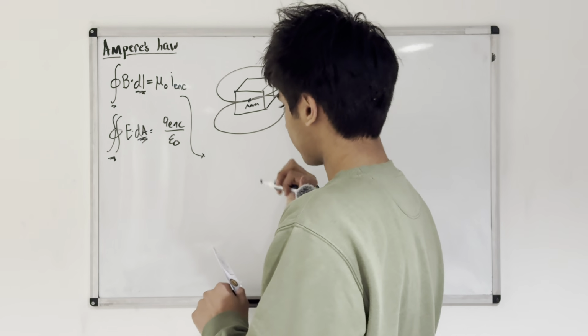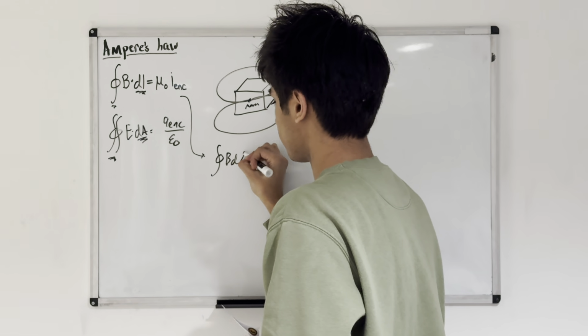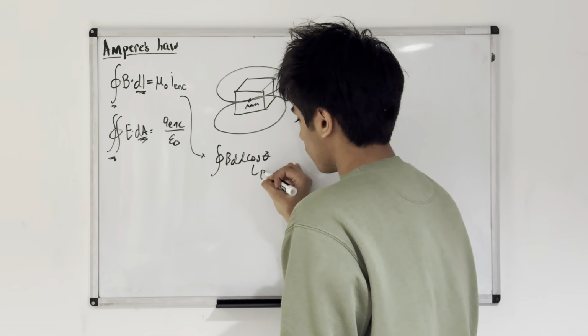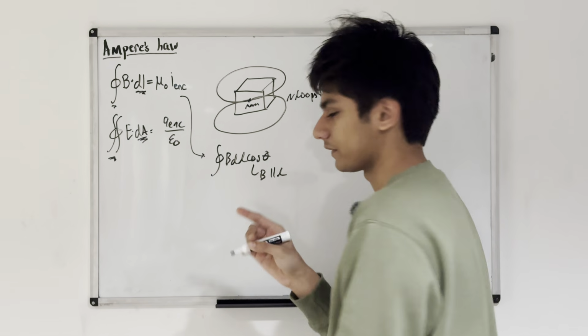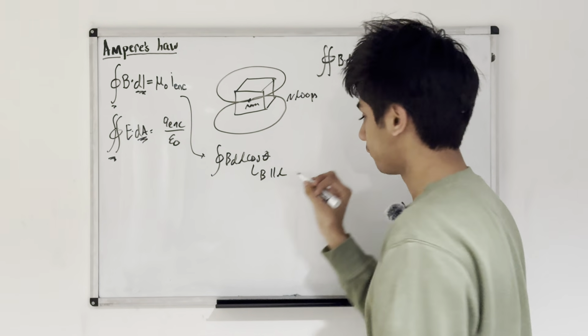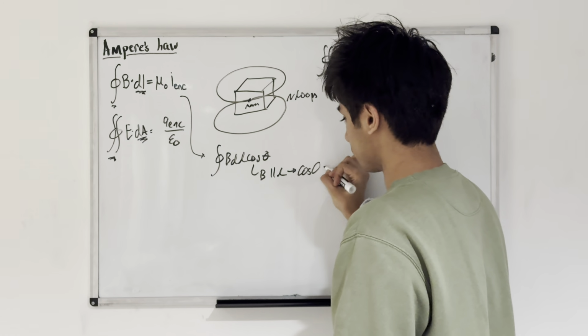We want to create this path because the dot product means B dl cosine theta. The idea is we want to create a path such that our B and our path are parallel in all sections. If that's true, then theta is 0 and cosine of 0 is equal to 1.